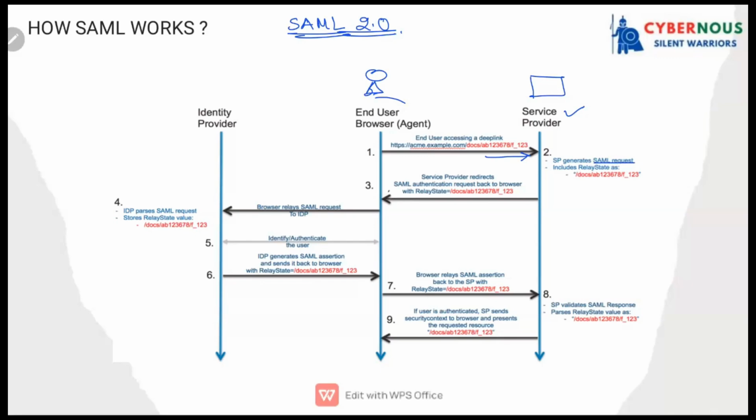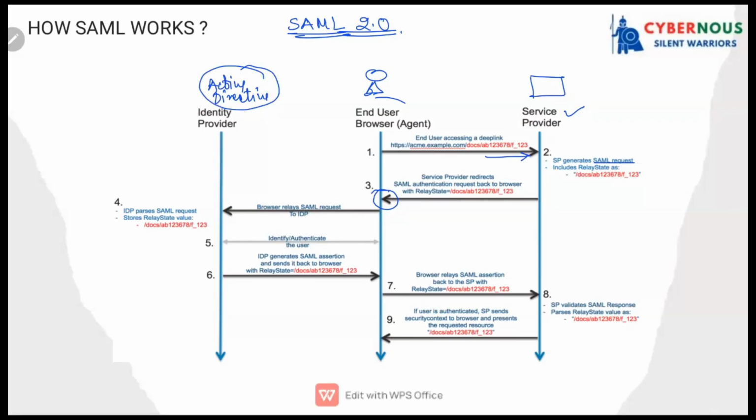It will send it back to the browser. And it will ask for this to be authenticated by the identity provider. Let's say this is your Active Directory. In this particular case, your Active Directory is your identity provider.